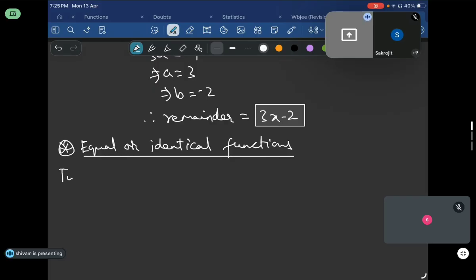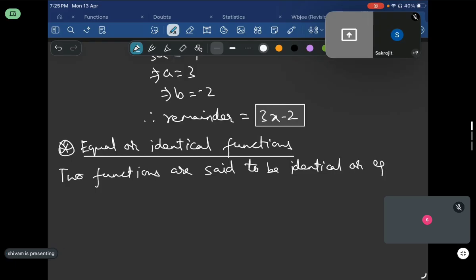Two functions are said to be equal, or you can say identical, if their graphs overlap.